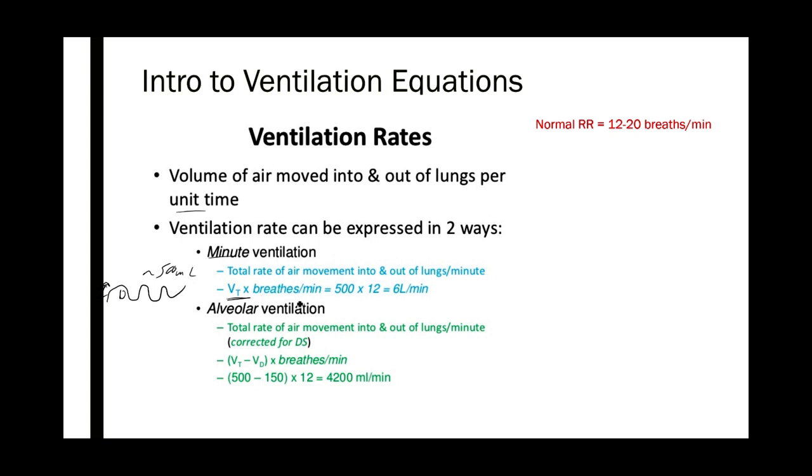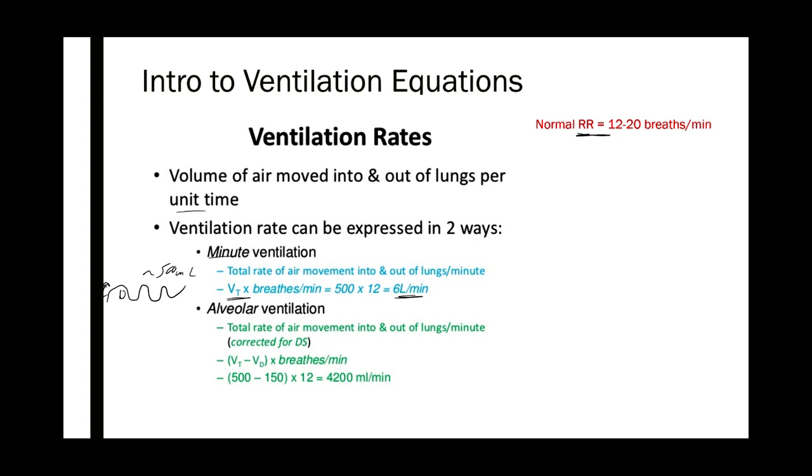So all it is is tidal volume times the respiratory rate. And a normal respiratory rate is 12 to 20 breaths per minute. So 500 times 12 means you're approximately breathing or ventilating 6 liters per minute.